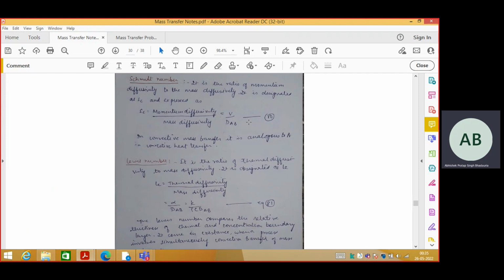These profiles become identical when the Lewis number is equal to 1, just as in the Schmidt number, the profiles show identical behavior when it is equal to 1.